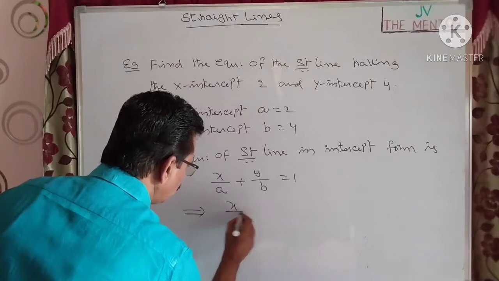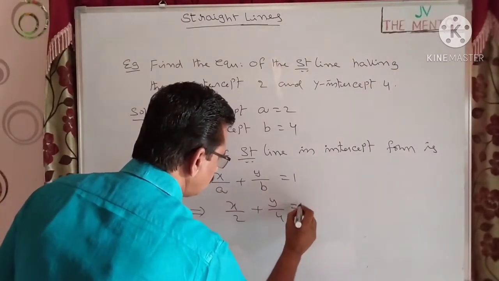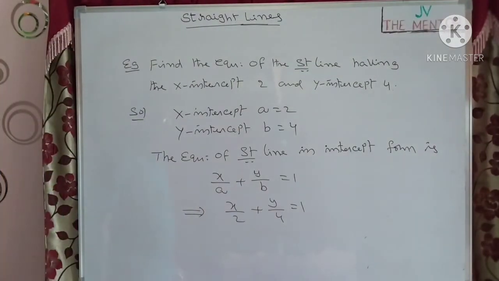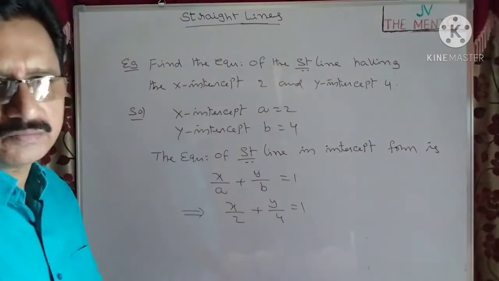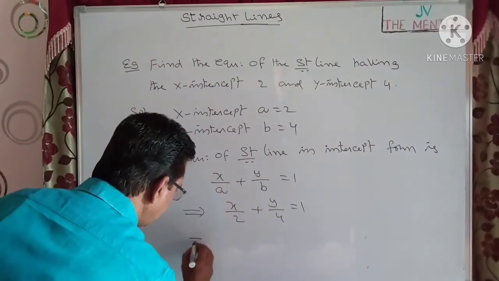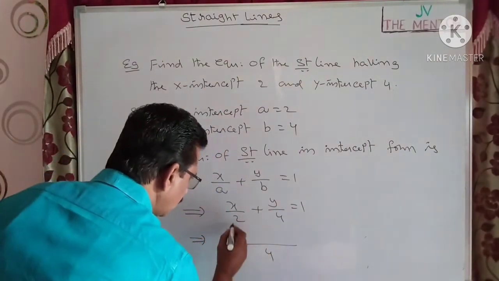x by 2 plus y by 4 equals 1. This is enough. Otherwise, we can take the LCM. Taking the LCM gives us the next condition. Here the LCM is 4.